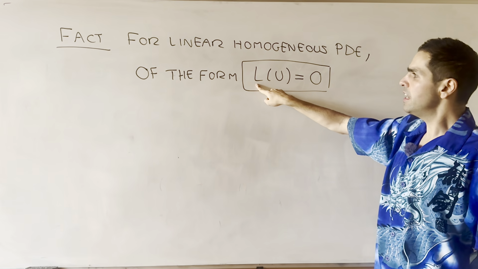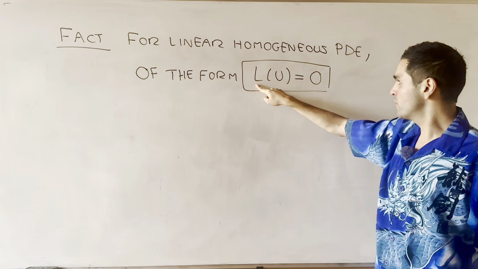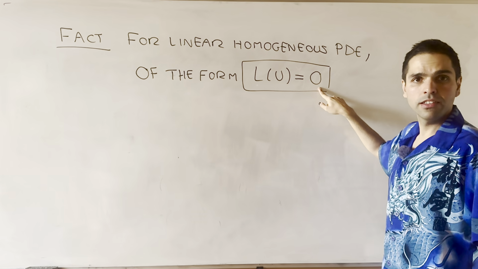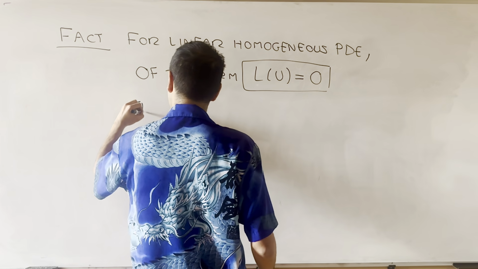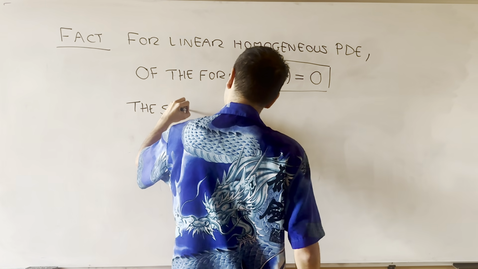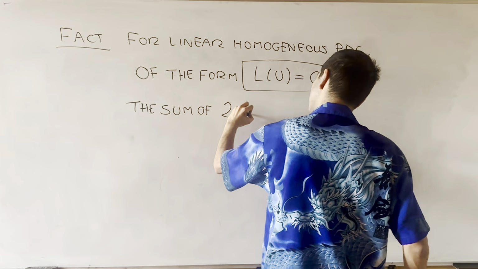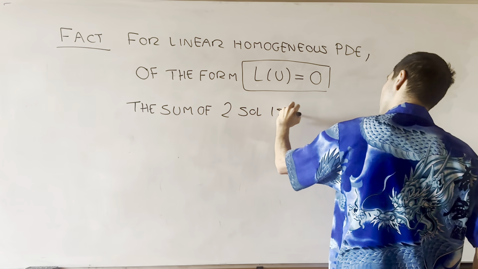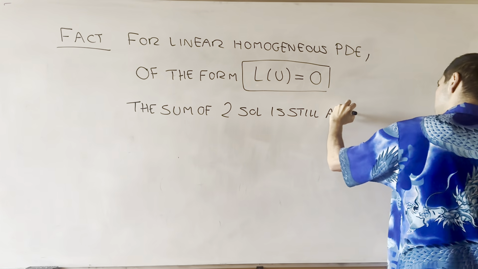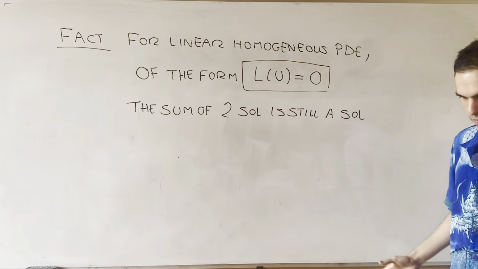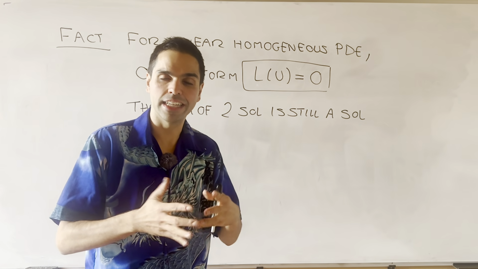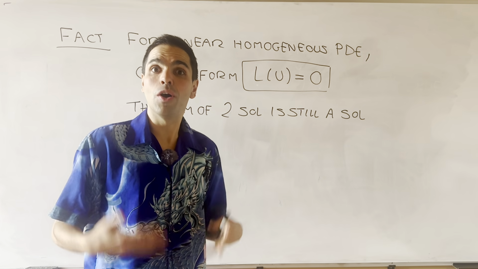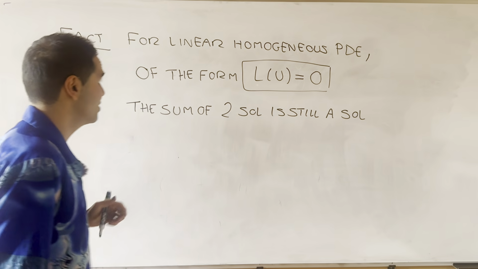So once again, linear means L is a linear transformation, 0 means homogeneous. Let's show that the sum of two solutions is still a solution. In other words, if you have two solutions of that PDE and you add them up, then the sum is still a solution of that, which is very neat.